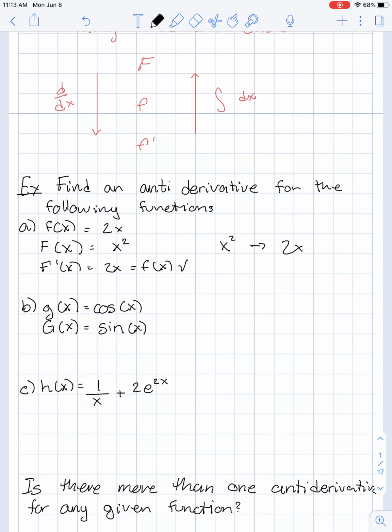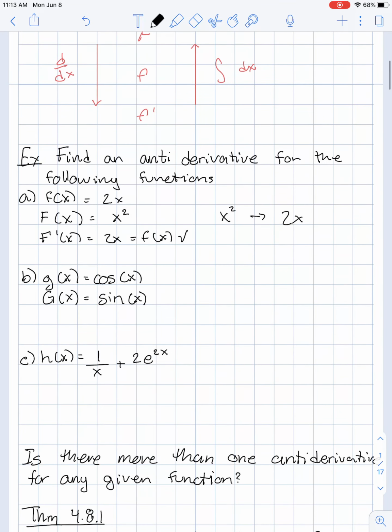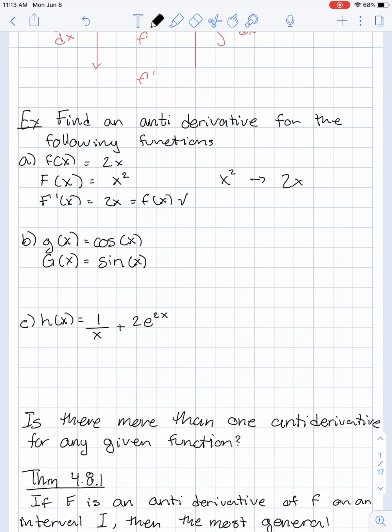All right, so h of x, this is a little bit of a tricky one. I need to think a little harder. 1 over x, I know that's just a derivative rule on its own. I know that that's the derivative of ln of x. Now I have 2e to the 2x. Well, I can remember that the derivative of e to the u is e to the u times u prime, right?